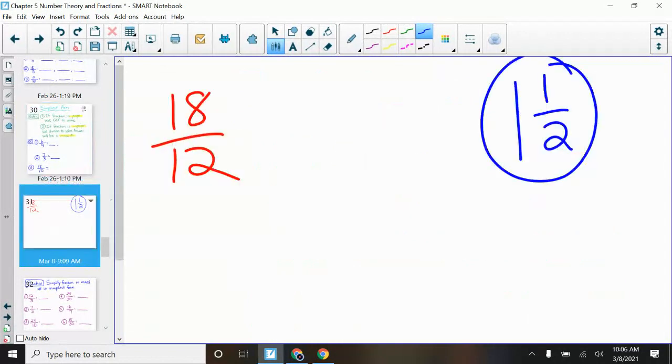So the first thing you should have done was try to divide this thing. Most of you did this in your head, but I had some of you who set it up as a division problem, and that's fine too. 18 goes in the box, 12 goes on the outside, and you just started to divide. 12 goes into 18 about how many times?